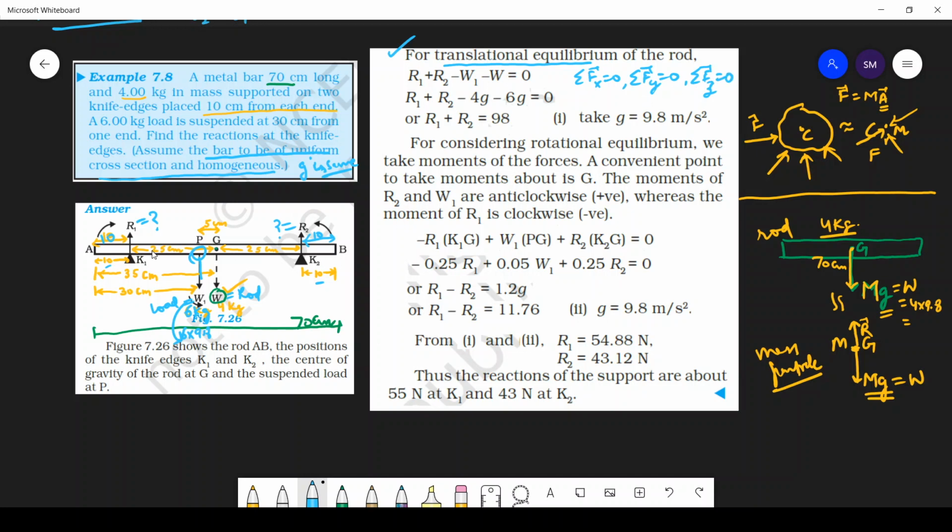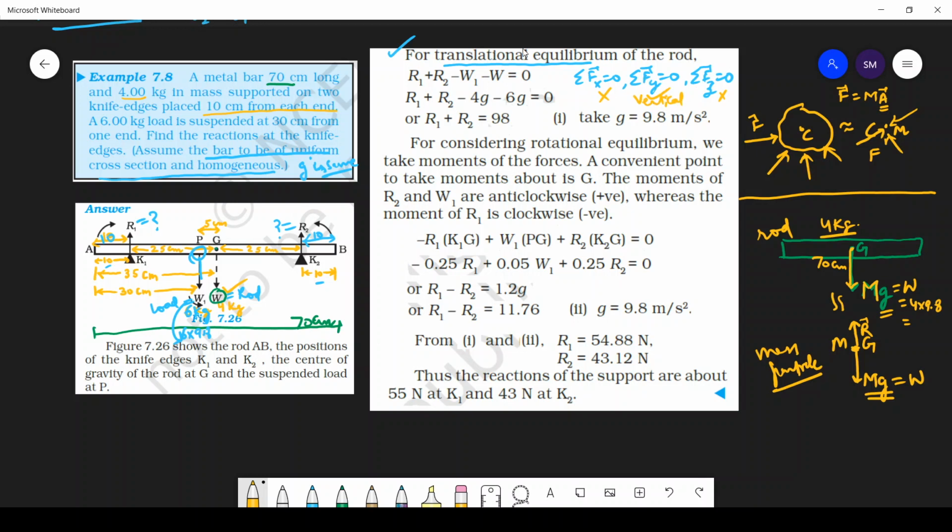So is there any force in x direction? There is no force in x direction here. There is no force in z direction. We have the force only in y direction, means in vertical direction, right?